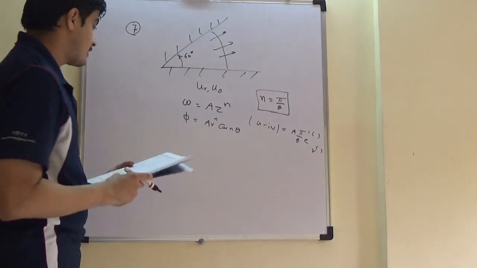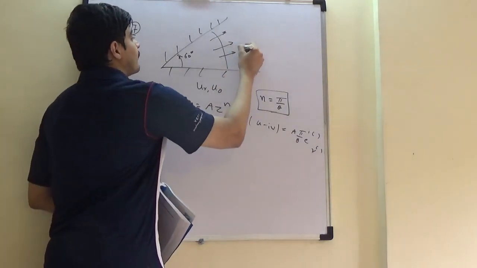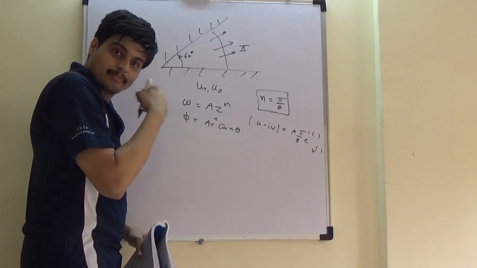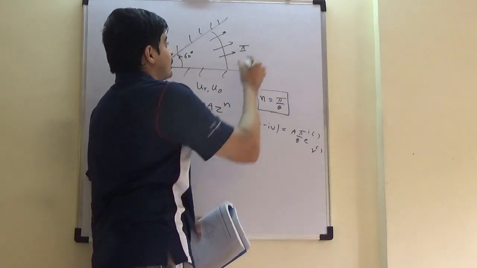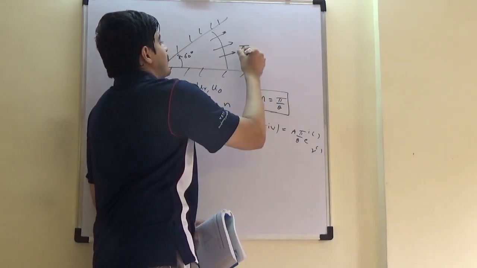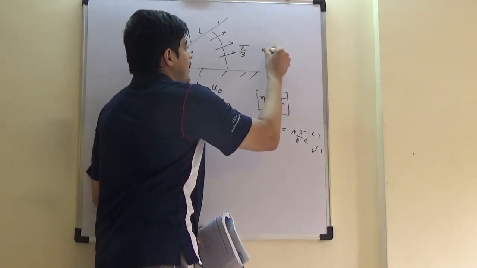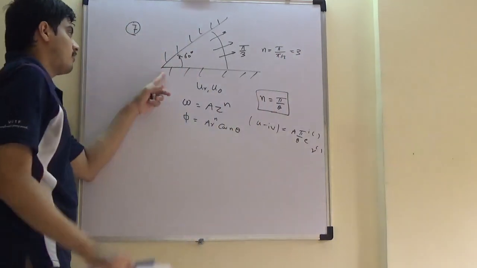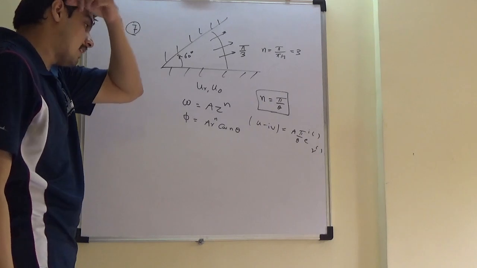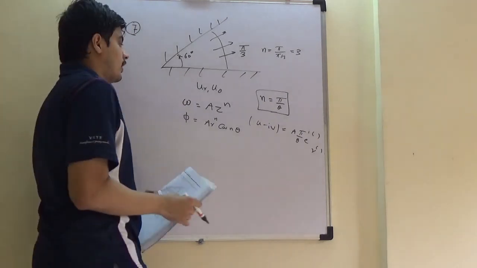Now this component 60 degree, what is 60 degree? Pi by 2 is 90 degree. Pi by 3 is 60 degree, which means n is pi upon pi by 3, which is 3. So this is a case of n is equal to 3 and this is less than 2 pi angle, right?